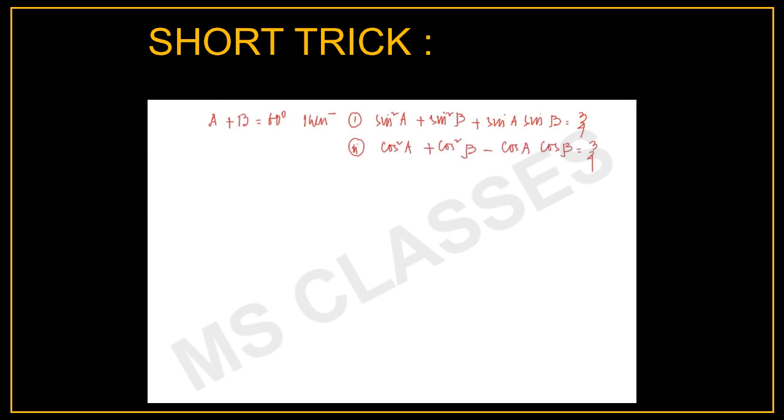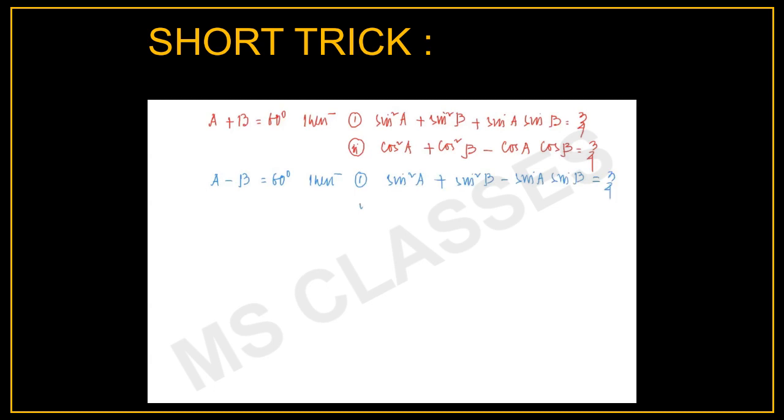With this, we keep another formula in mind where we have a minus b equal to 60 degree, and then we have two standard results. One is sine square a plus sine square b minus sine a sine b equal to 3 by 4.